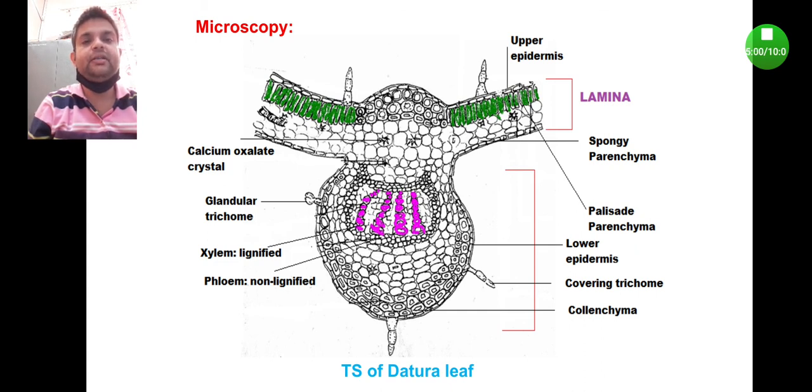And in the midrib part you will find the presence of glandular trichome, vascular bundle, which consists of alternate arrangement of xylem and phloem fibers, then covering trichome, collenchyma cells, etc. So this is in brief regarding the morphology and microscopy of the Dhatura leaf.